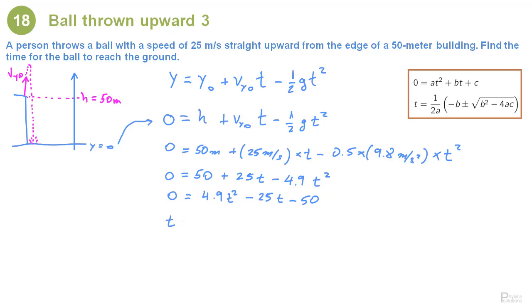So t from here is 1 divided by 2 times 4.9, times parenthesis, minus b, which in this case is minus 25, so minus minus is plus. This is positive 25, plus or minus the square root of b squared, so 25 squared, minus 4 times a, which is 4.9, times c, which is minus 50.